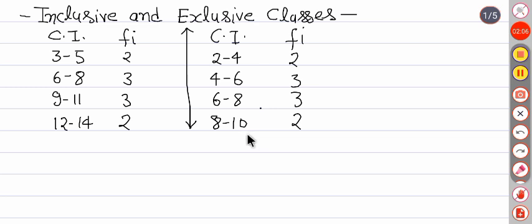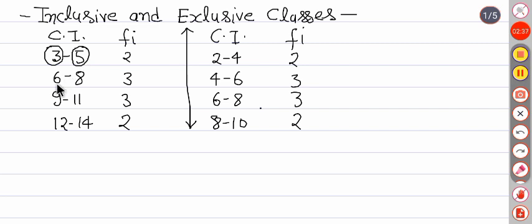Now you can see that in both data, in any class interval, the left side value is called the lower limit and the right side value is called the upper limit. Now you can see that it is starting from 3 and the last point is 5.